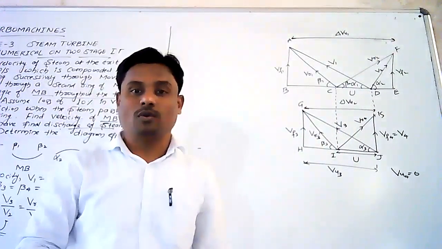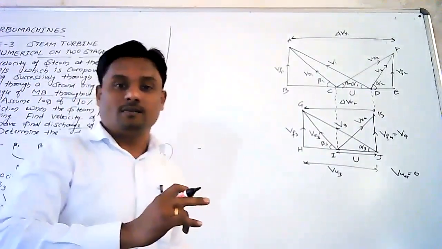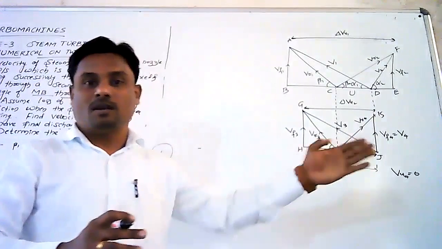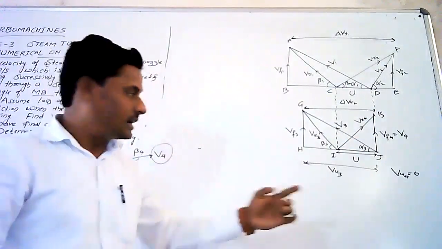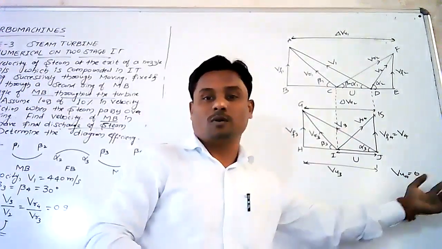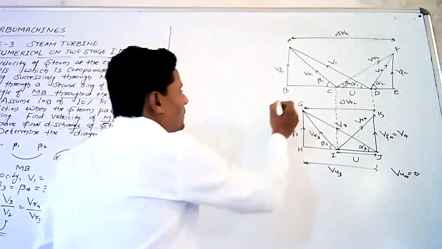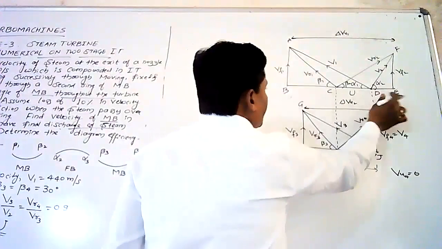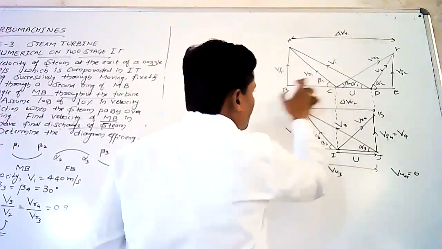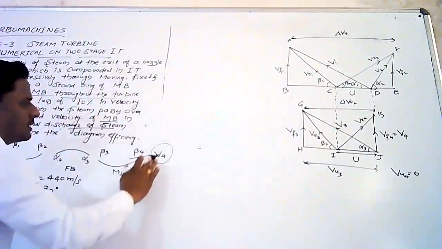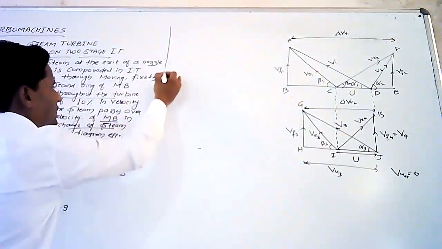If the outlet velocity of steam from the last row of moving blades is axial, in that condition VU4 will be equal to 0. These are very basic things. Now this is VU3, this is VU1, and this is VU2. Of course, we don't require those for the calculation.